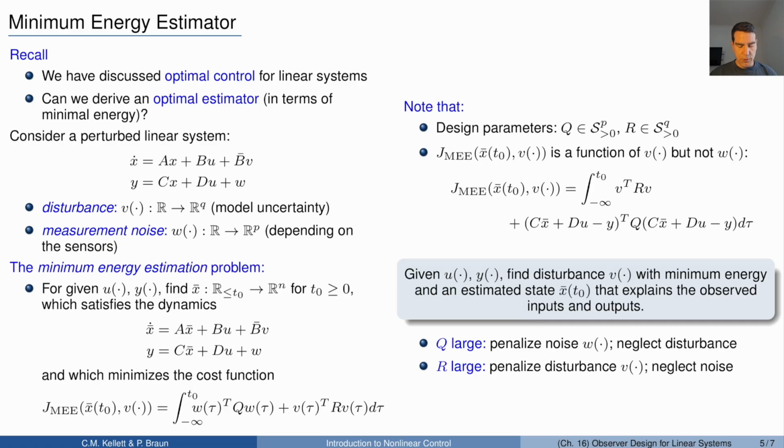And as before, in terms of the linear quadratic regulator, the solution will be optimal just with respect to the selected Q and R. And here, a large Q penalizes the noise W and to some extent then neglects the disturbances, whereas large R penalizes the disturbance but then neglects the noise.